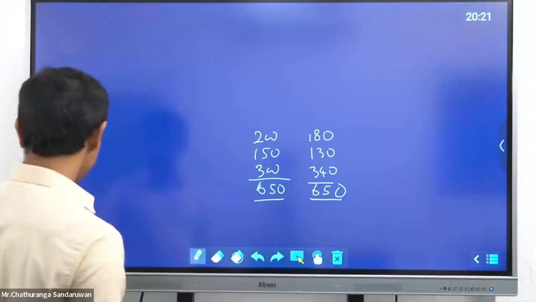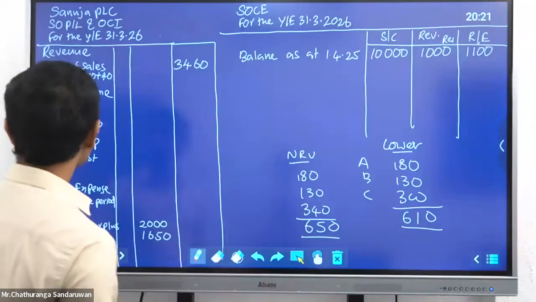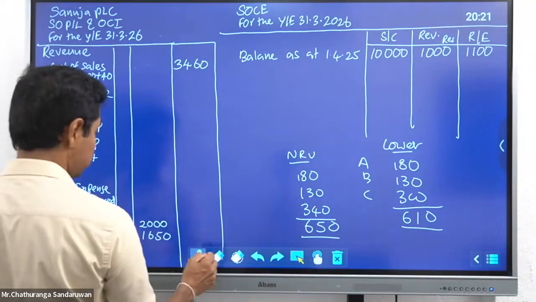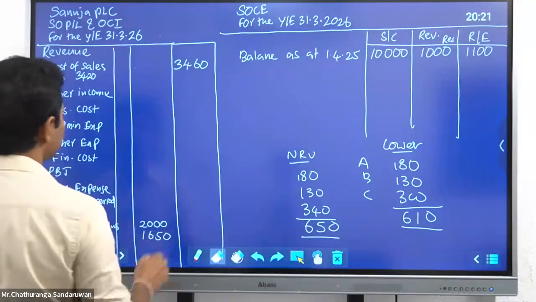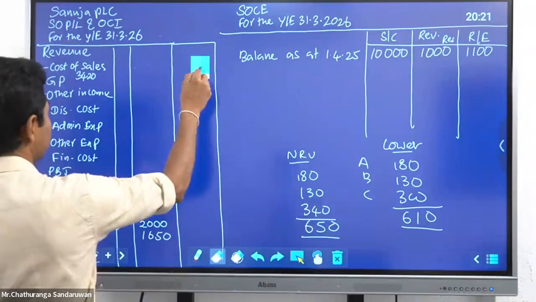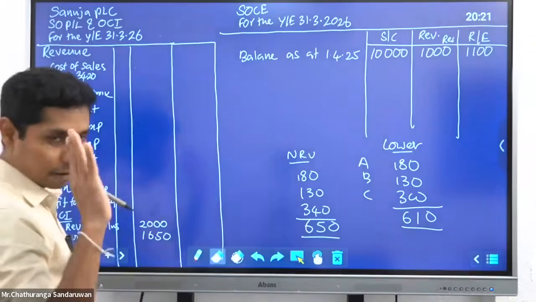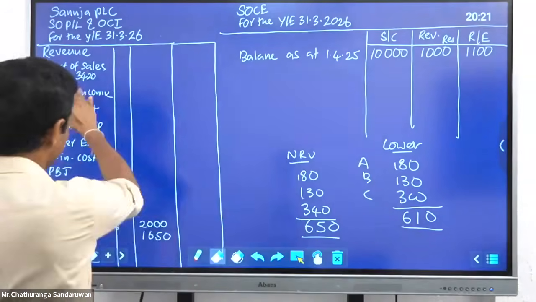All right. So let me correct it. That's a mistake. So remove this 40 from the cost of sales. Because anyway, that recorded amount is equal to the cost. Therefore, no error in the cost of sales.